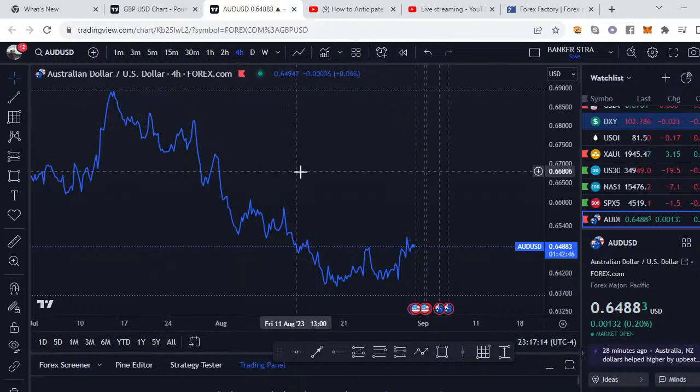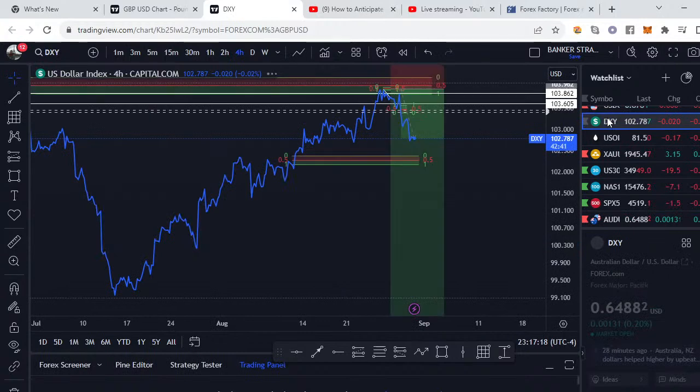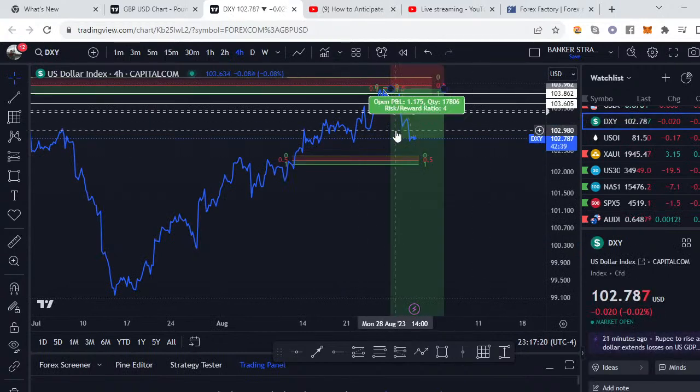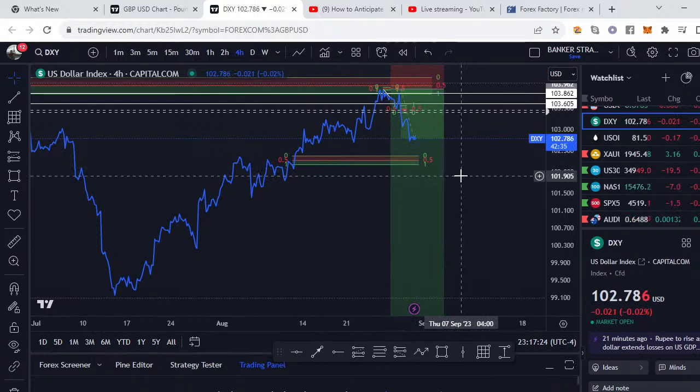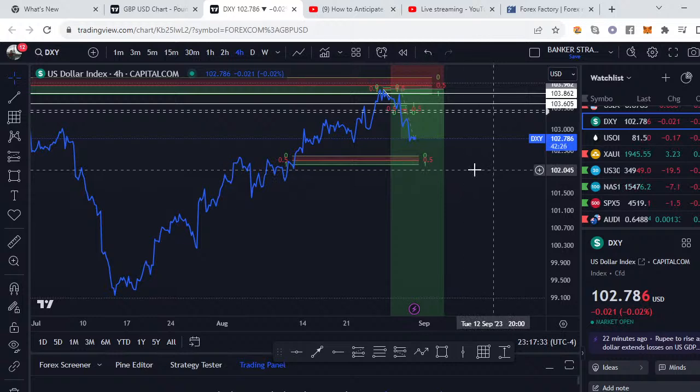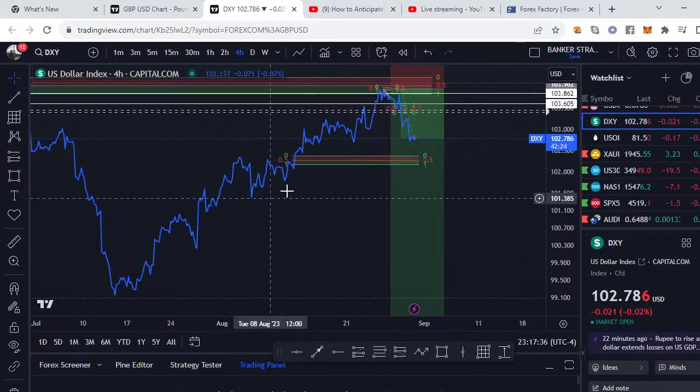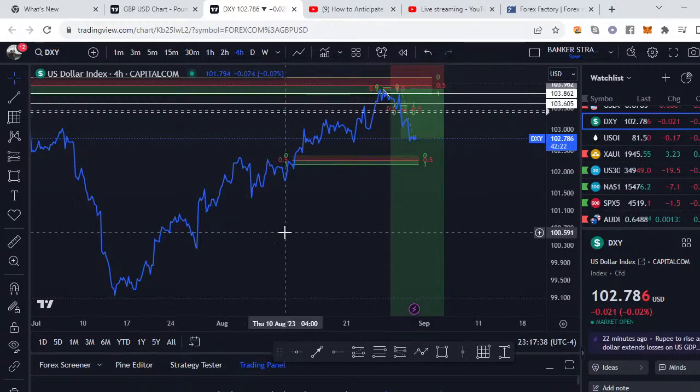So if the dollar, we're gonna go back to the dollar. If the dollar is going down, what do you think Euro USD is gonna do? Remember, USD is on the back end.